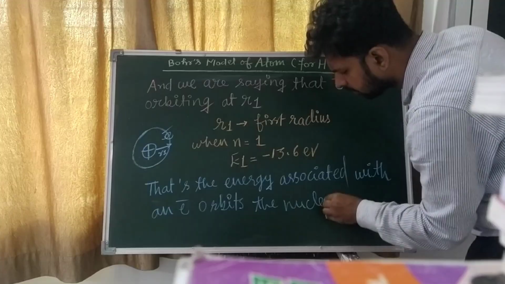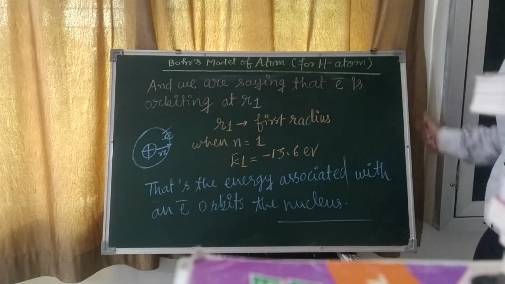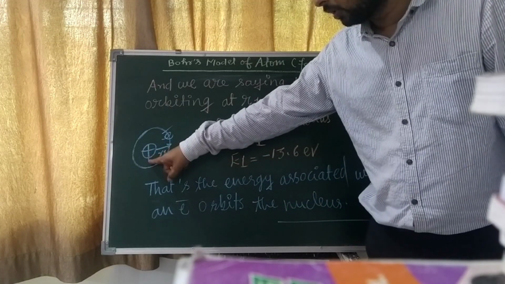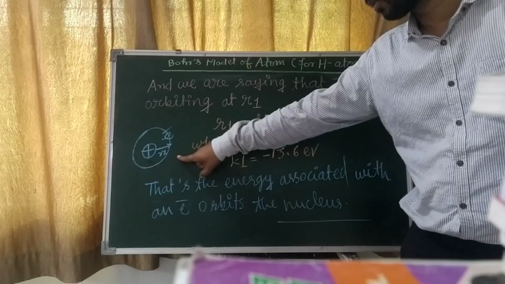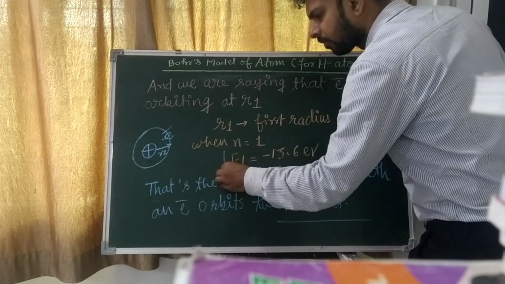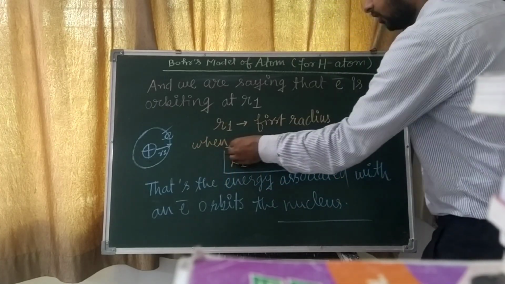So we have seen that if an electron is orbiting a nucleus in the first cell, the energy associated with this electron will be this much.